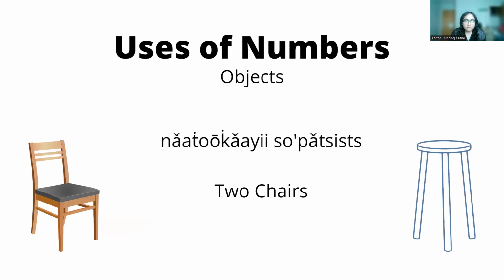Take the word for there are 2 of something, natukai. You could say natukai supatsis, which means there are 2 chairs. Supatsis means chairs, plural.